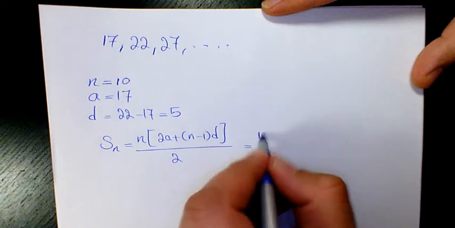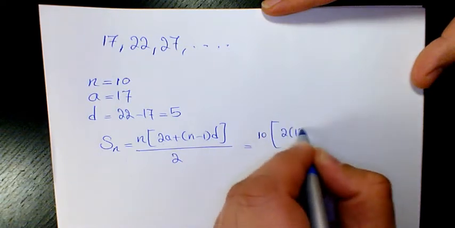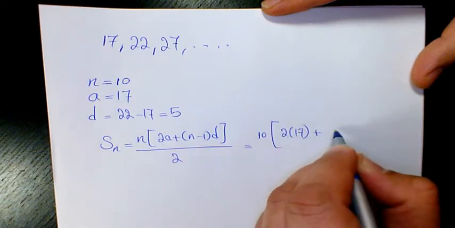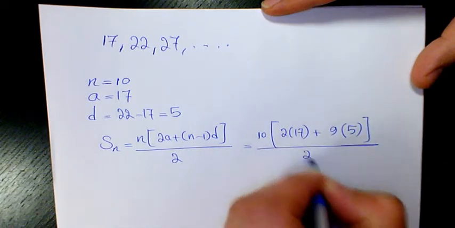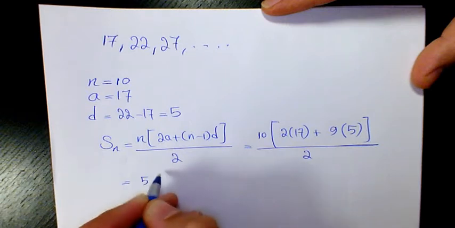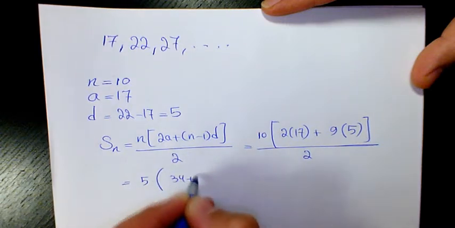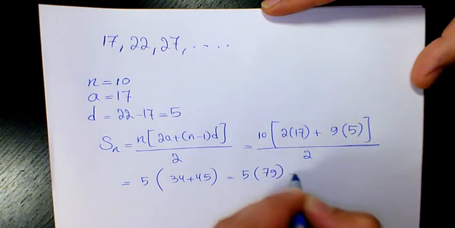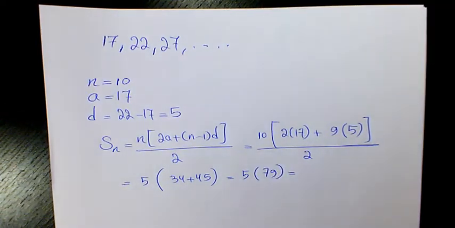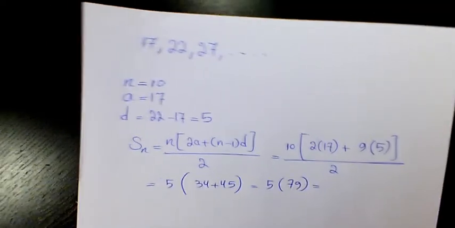N is 10, 2 times A, N minus 1 is 9, D is 5. So 34 plus 45 is 79. So that's going to be 395.